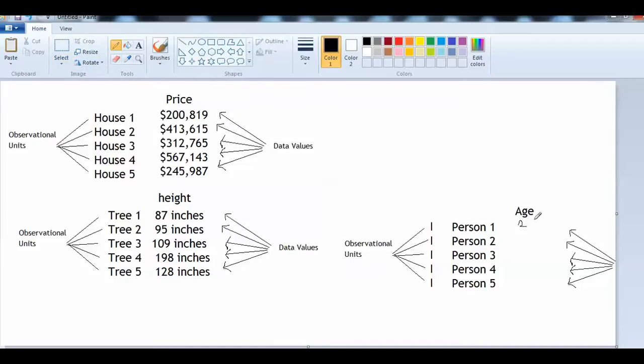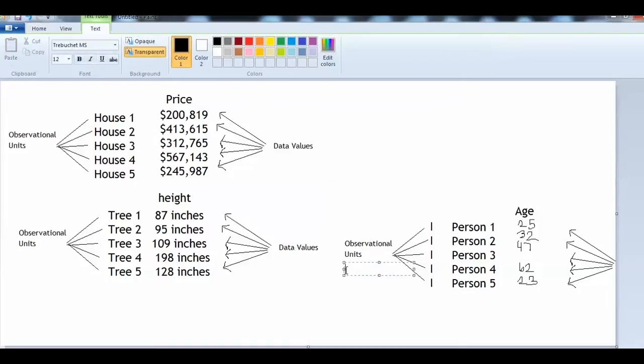And maybe their ages are 25, 32, 47, 62, and 23. So these ages are the data values. The word data value got cut off over here. The people are the observational units, but more specifically, we would call them participants, because it's a certain type of observational unit.